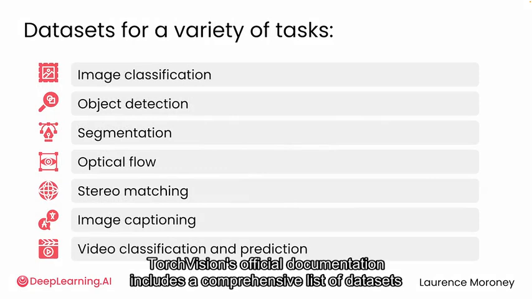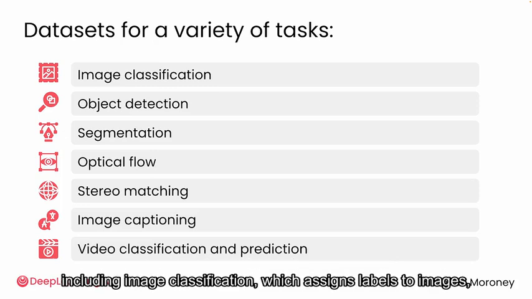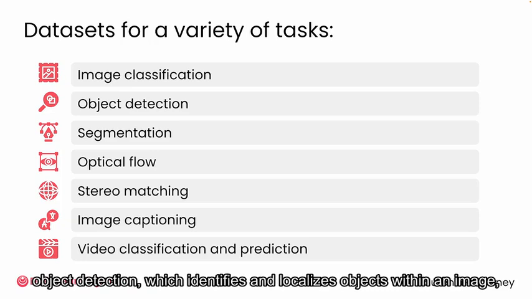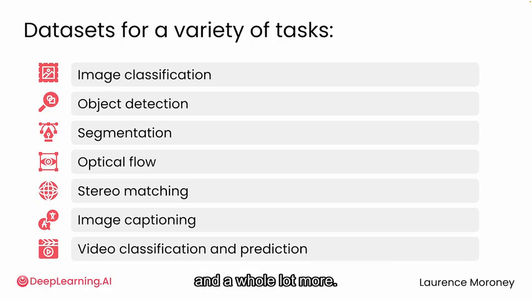Torch Vision's official documentation includes a comprehensive list of datasets organized by the type of problem they solve, including image classification, which assigns labels to images, object detection, which identifies and localizes objects within an image, segmentation, which classifies pixels to distinguish between object instances, and a whole lot more.